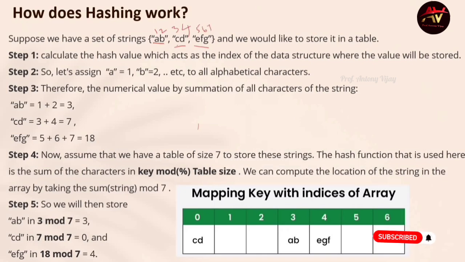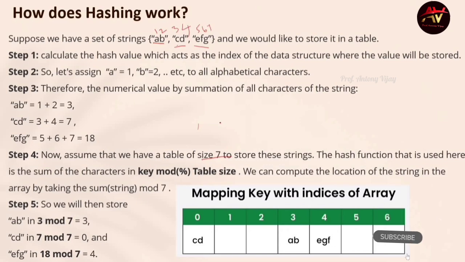So I am assuming numerical values for every character. If I want to store AB, I add 1 and 2. If I want to store CD, I add 3 plus 4, that is 7. Here I am taking the table size as 7.